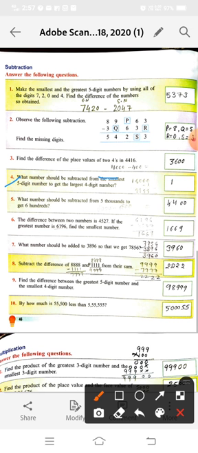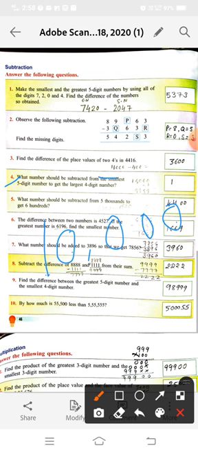So what is the smallest 5-digit number? Smallest 5-digit number is 10,000. Ones, tens, hundreds, thousands, 10,000. So 10,000 is our smallest 5-digit number. Now what we have to get? We have to take the largest 4-digit number. Okay.